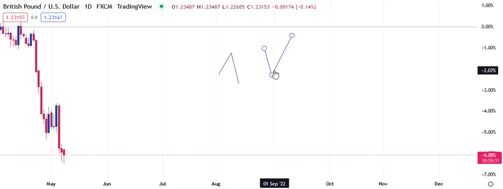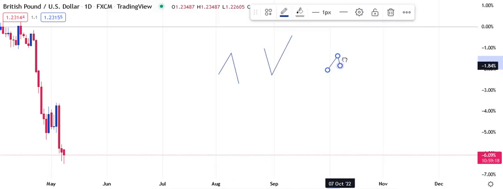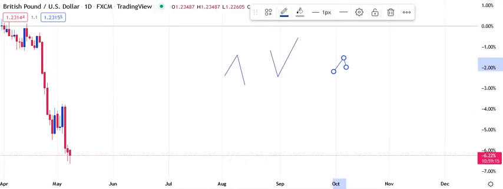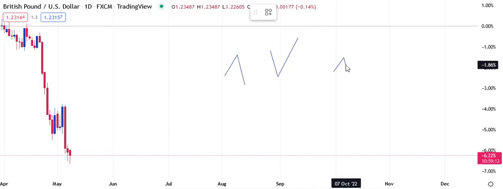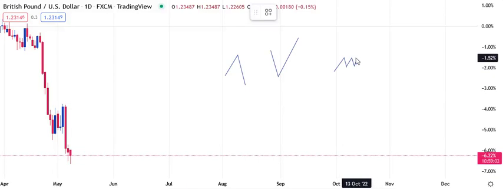That's the first rule. The second rule is that you want to pay attention to a zone that has a kind of consolidation. You want to look for that kind of zone, with consolidation, something like this. Please pay attention.